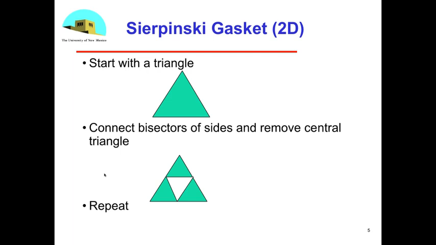If you look at the final form of the random method of doing the Sierpinski gasket, it looks like a big triangle in which we remove the middle, then we remove the middle of the remaining triangles, and then the middle of those remaining triangles. And in fact, that's what we can do as a recursive process. So we keep repeating that. The code is very, very simple to do.